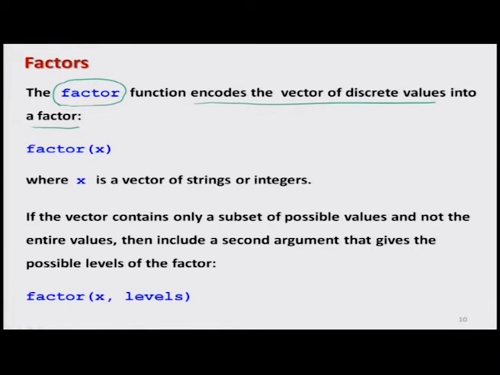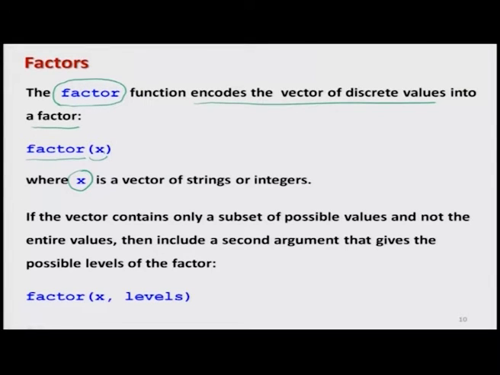Factor is a function that is well defined in the base package of R. Suppose I have a vector denoted by x, which is a vector of strings or numerical values, say integers. Then the syntax is we write factor in small letters, and inside the brackets we write the vector x on which we want to create the factors.